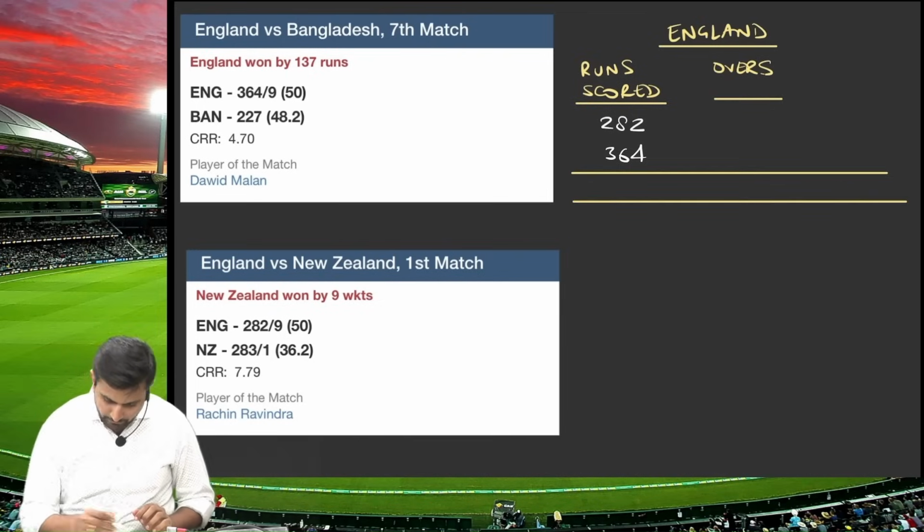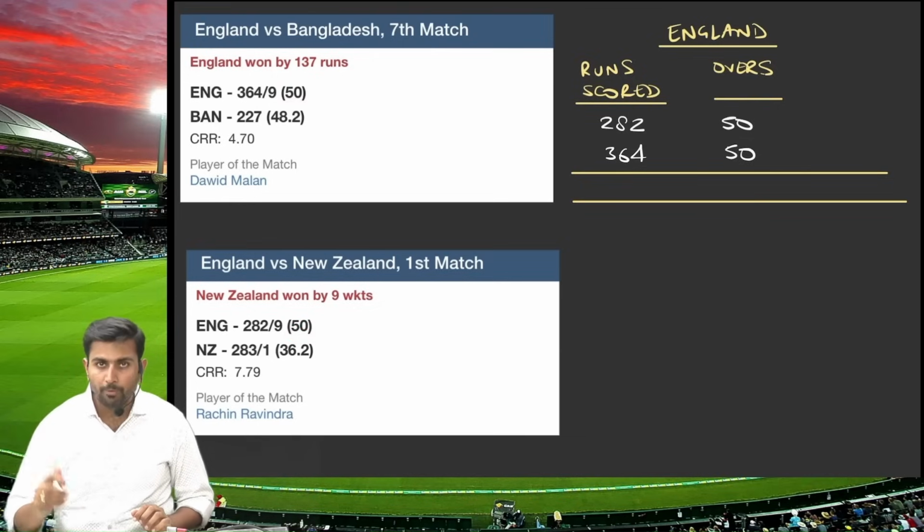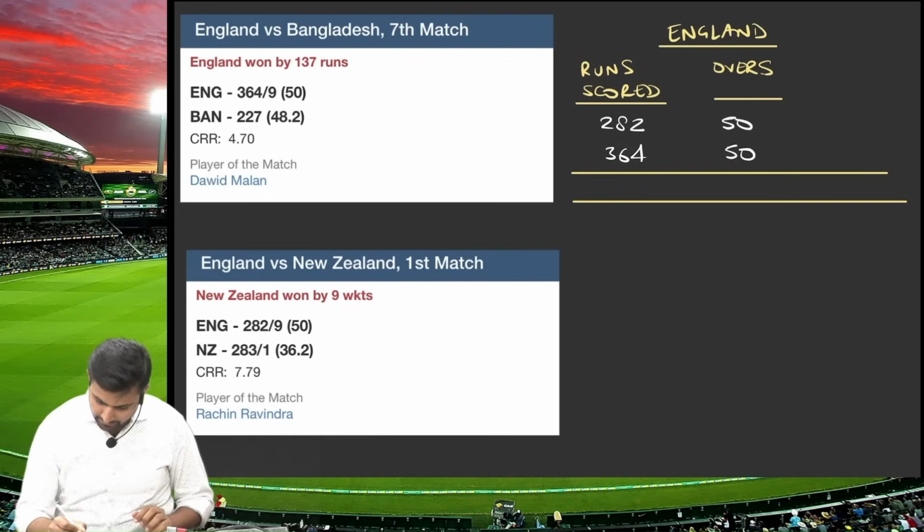In their first match against New Zealand, they had taken up the full 50 overs, and in their second match also they played the full 50 overs. So for them, the positive calculation of net run rate during their batting is easy to calculate. Here we will do 282 plus 364. Total number of runs scored by England is 646 divided by 100. It is equal to 6.46.